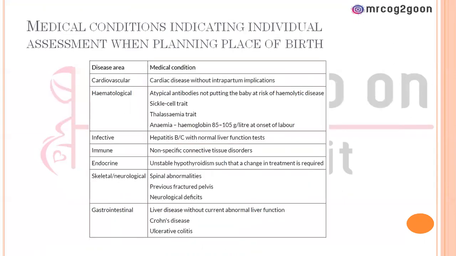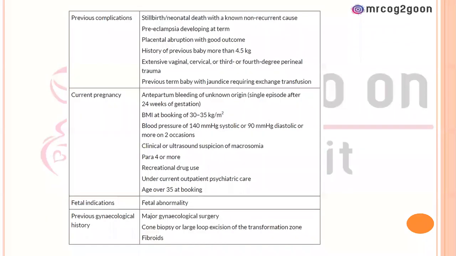These you have to assess individually. A different patient will have different management. If she is in a critical or advanced case, she will deliver at an obstetric unit, but if she is all right and everything is well, she can deliver wherever she can.